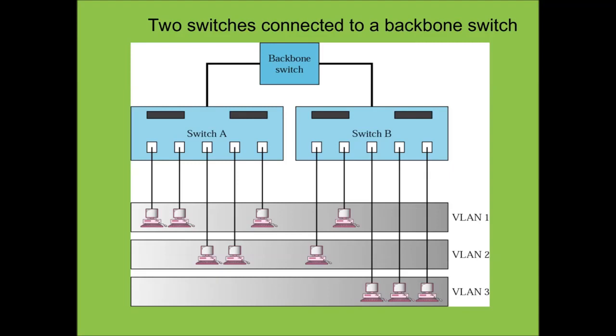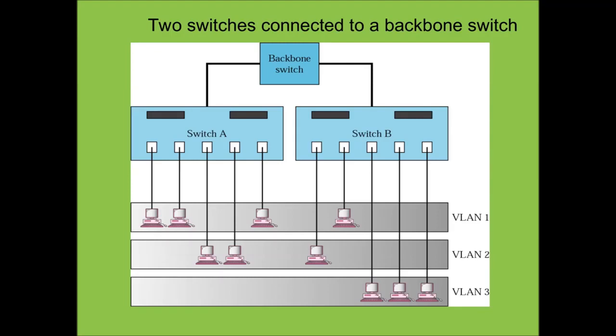In the previous slide, all these computers were connected to a single switch. But over here we are going to use two different switches, and these two switches are connected with the help of another backbone switch.